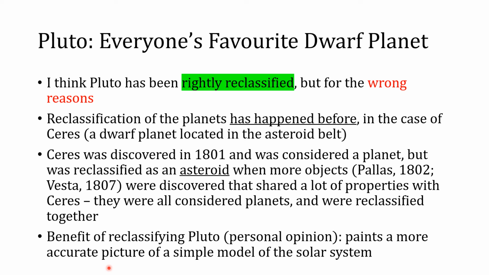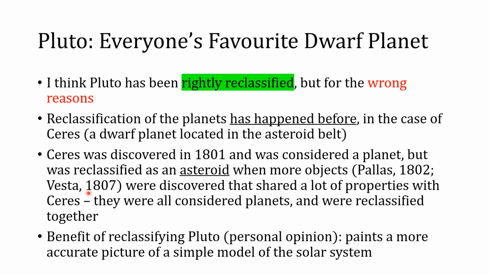But then they just started to discover other objects in nearby orbits. They found an object called Pallas in 1802, and an object called Vesta in 1807, and they started to find more and more of these little objects that were all really similar to each other, but really different from the planets on both sides.